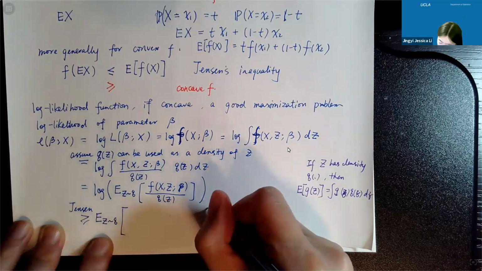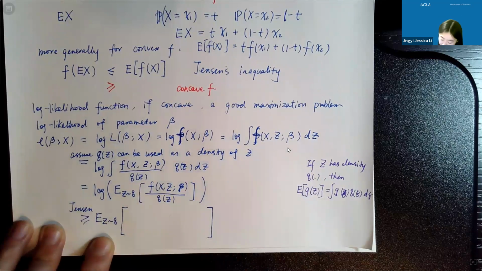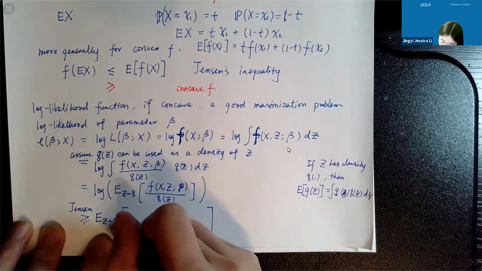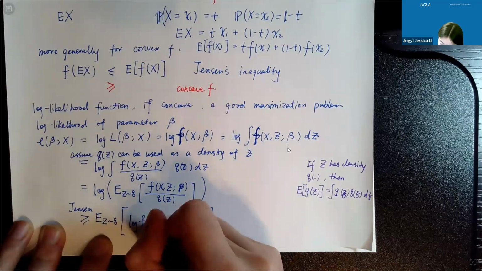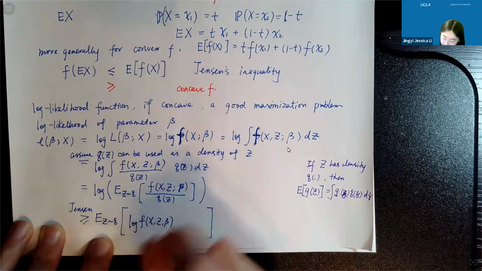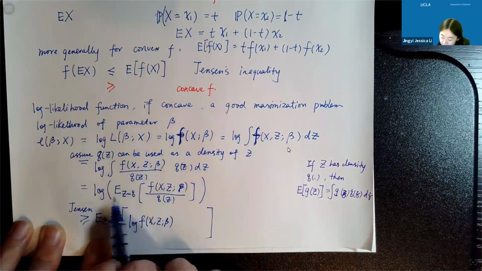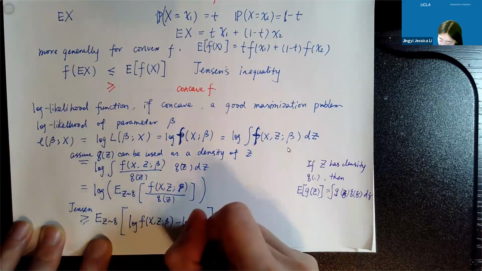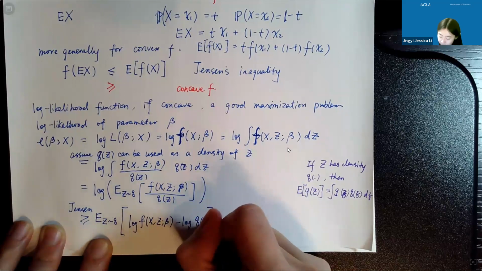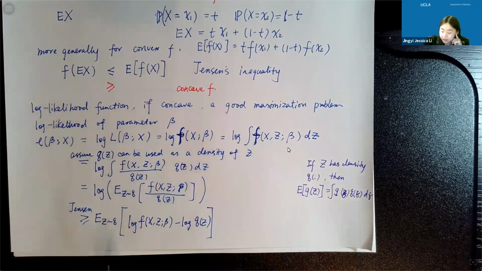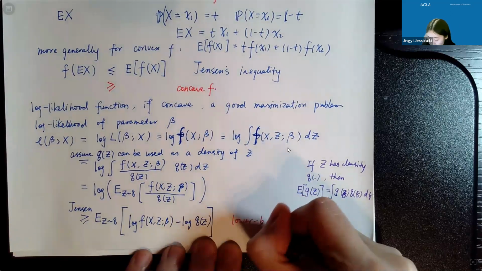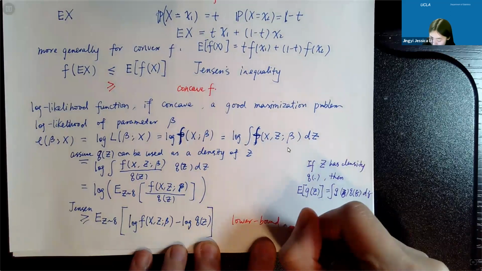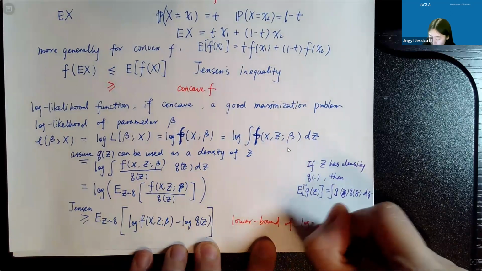Moving the log inside, I have the log of f(x, z, beta) minus log q(z), because a log ratio becomes a difference of two logs. And you see, I actually found a lower bound of my log likelihood. I'm going to maximize this.